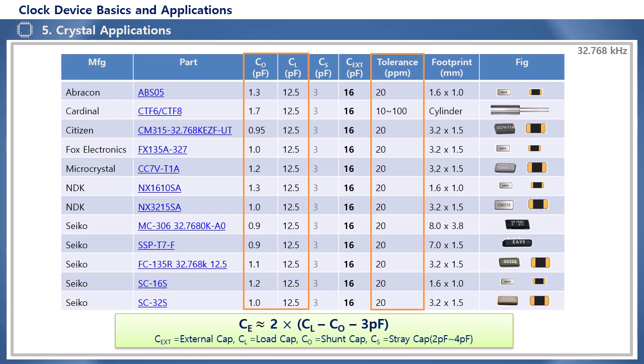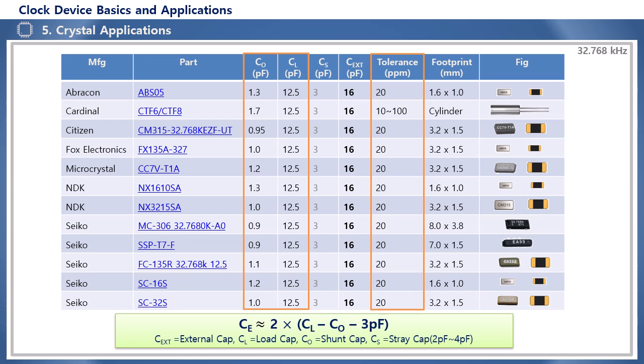In other words, 2 times the load capacitance minus the shunt capacitance minus 3 picofarads is the value of the external capacitance CE to be connected to each crystal terminal. In the case of Abracon ABS05, 12.5 minus 1.3 minus 3 is 8.2 picofarads, so if you double it, it will be approximately 16 picofarads.